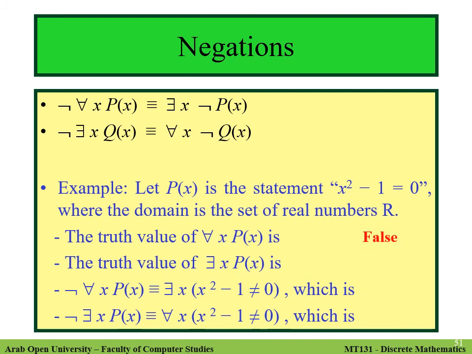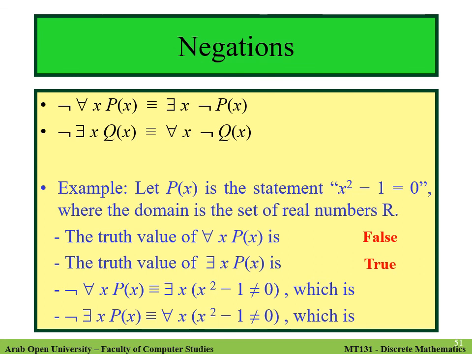Now, what about the statement that there exists an x such that P of x? This is true because the statement is true, for example, for x equal 1. It happens to also be true for x equal to minus 1, but the statement that there exists an x such that P of x is true.